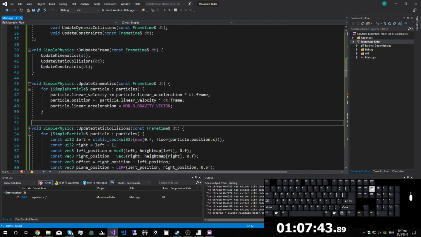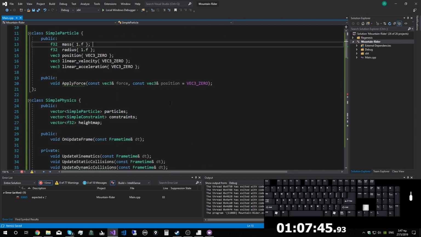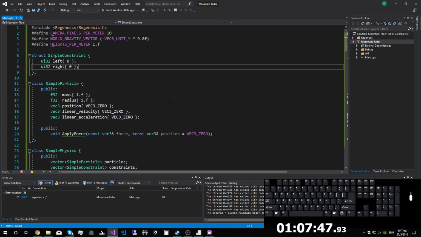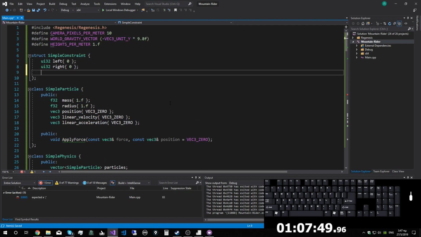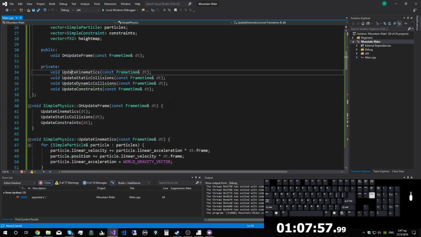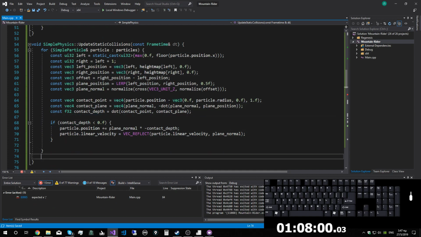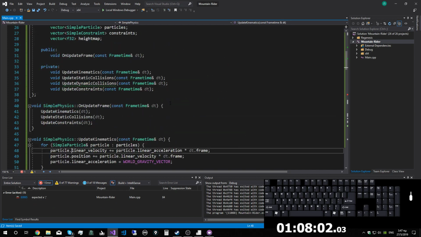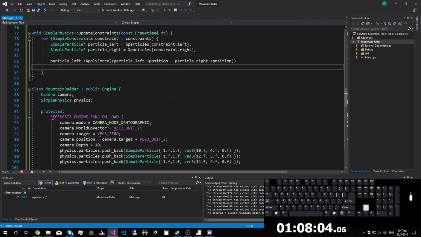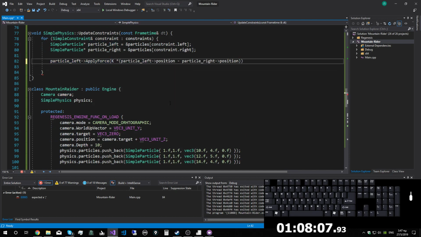And we do need here the k value. Let's start with 1. That is k times that.